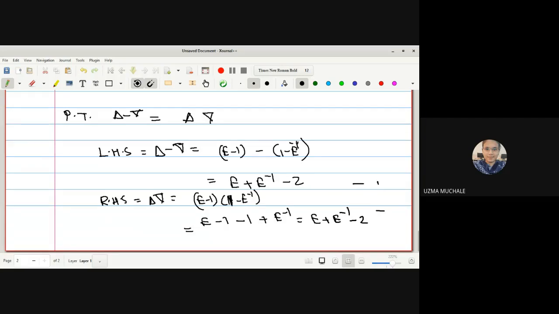So from equations 1 and 2 we can say LHS is equal to RHS. Many more exercise examples are also there for this.